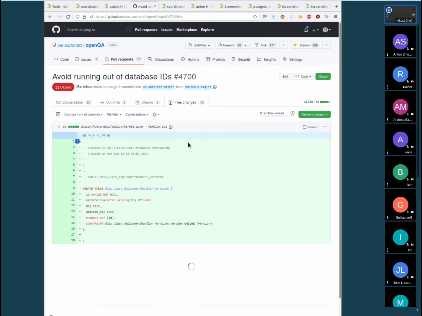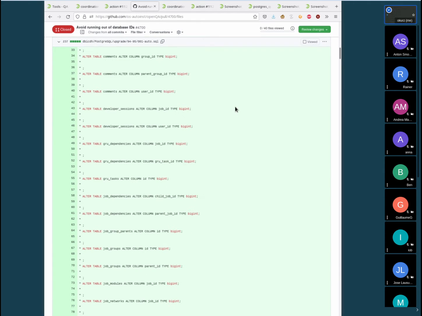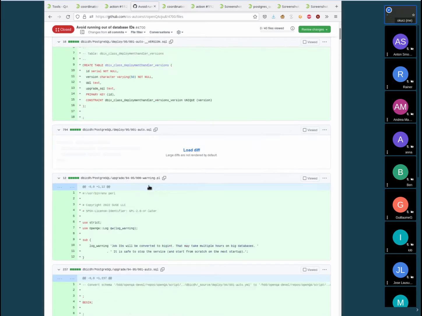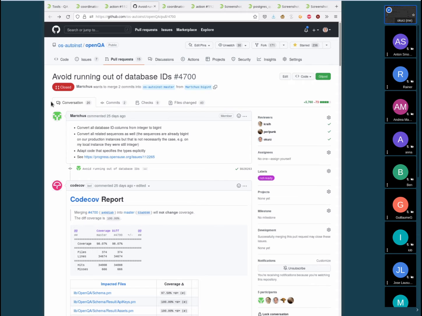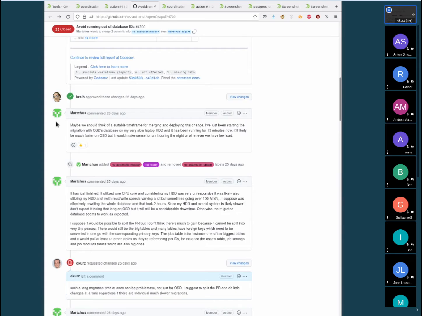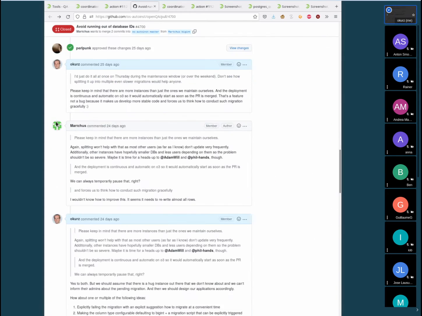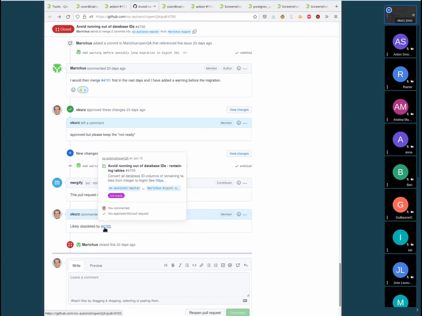This was the one database migration where we altered all the different tables to use big int ID, and we decided that's a big hammer. Let's do it step by step. So it's closed, it wasn't merged. And instead, it's linked here.